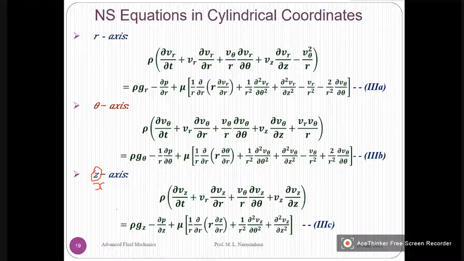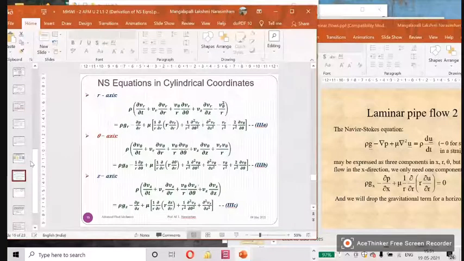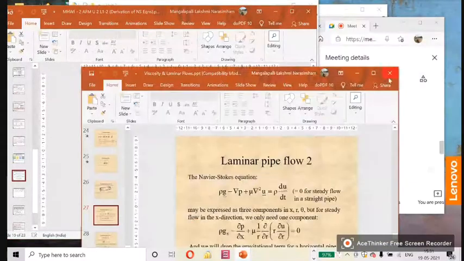So these three equations we have to consider. What I will do is I will copy this and paste it there so that I can easily use it to explain.